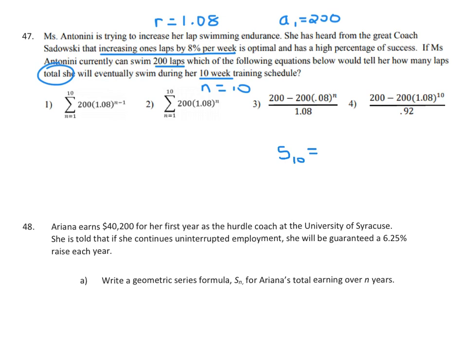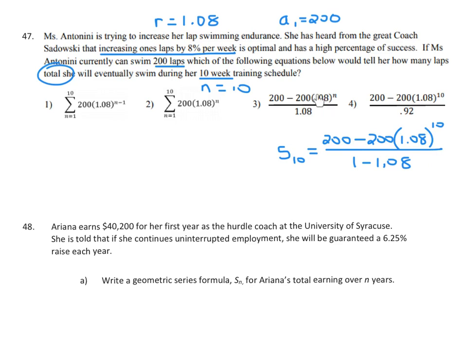And that's going to be equal to the first term, a sub 1, minus a sub 1, so 200 minus 200, times r, which is 1.08, to the nth power, which n is 10. And we put that over 1 minus r, so 1 minus 1.08. Right, so let's see if choice 3 or 4 matches up.